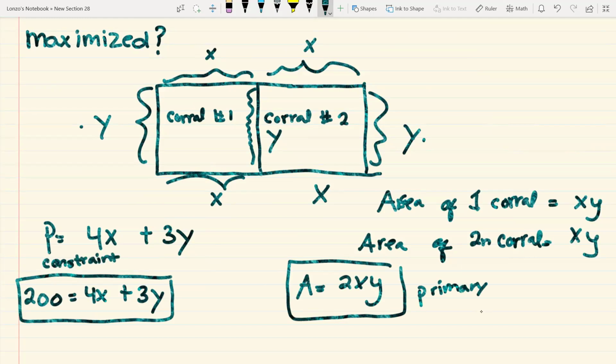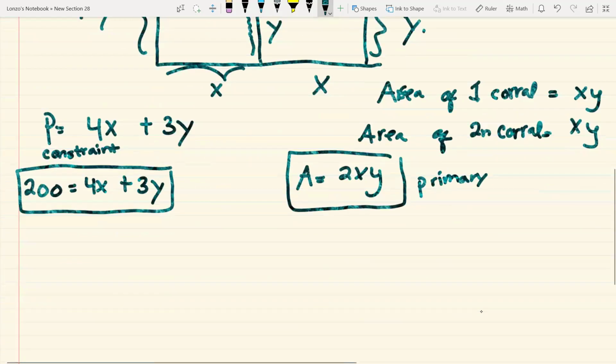So what are we going to do next? Once we found our two equations, we're going to substitute one of the variables into the other equation. Let's start with our constraint equation. I think we can get away with either solving for x or y. It doesn't matter in this case. So maybe I'll just solve for y and plug that back into the primary.